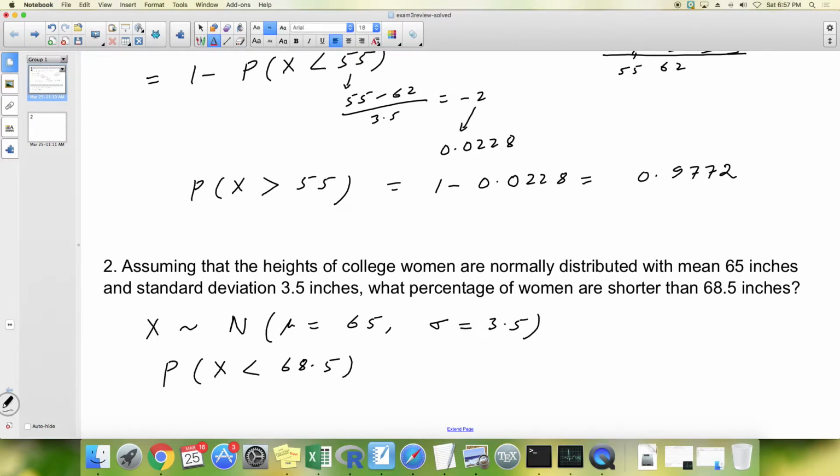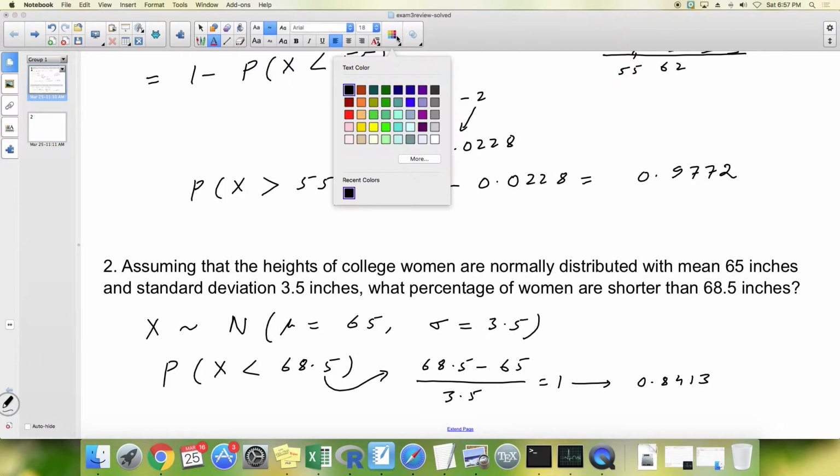So for 68.5, the z-score is 68.5 minus 65 divided by 3.5, which is 1. And if you look up the z-table for 1, you shall get 0.8413. So your answer is 0.8413.